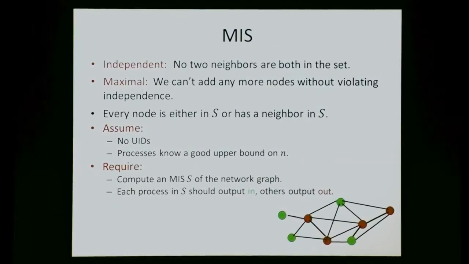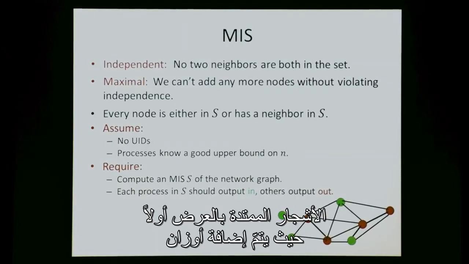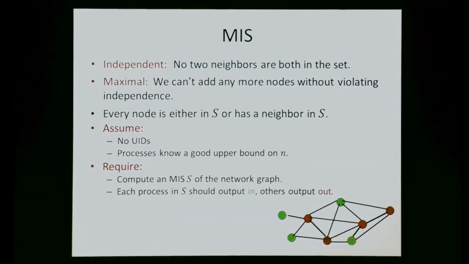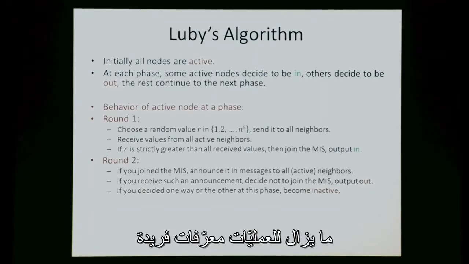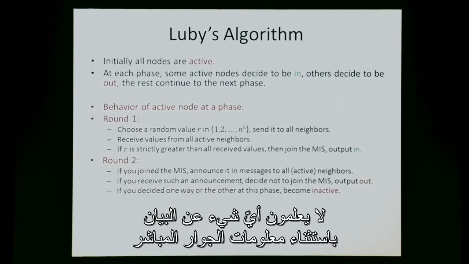Okay, then at the end of the hour, we started talking about a generalization of breadth-first spanning trees, which adds weights. So you have shortest paths trees. Now you have weights on the edges. Processes still have unique identifiers. They don't know anything about the graph except their immediate neighborhood information.